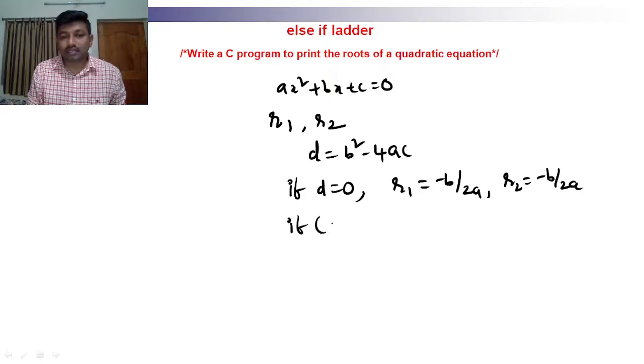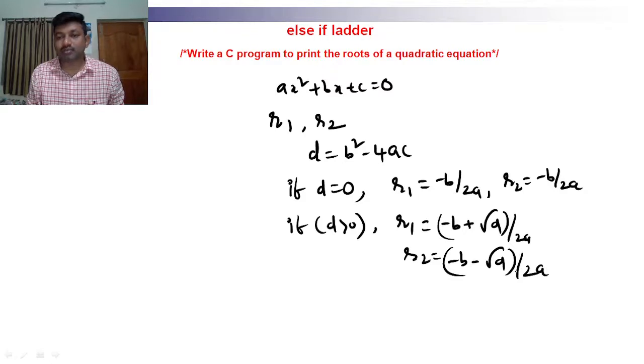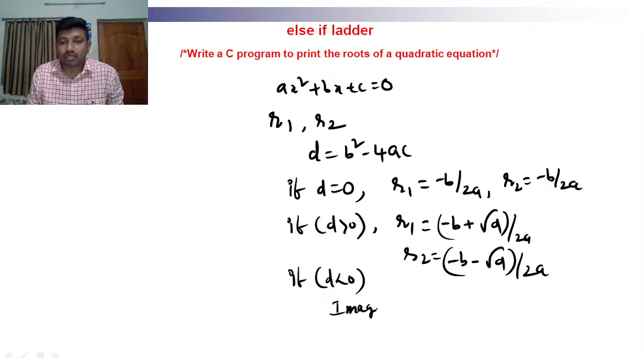If d is greater than 0, then R1 is equal to minus b plus square root of d by 2a, and R2 is equal to minus b minus square root of d by 2a. This is what we apply in simple mathematics. And if d is less than 0, roots are imaginary. Yes or no? This is the mathematical logic we apply.